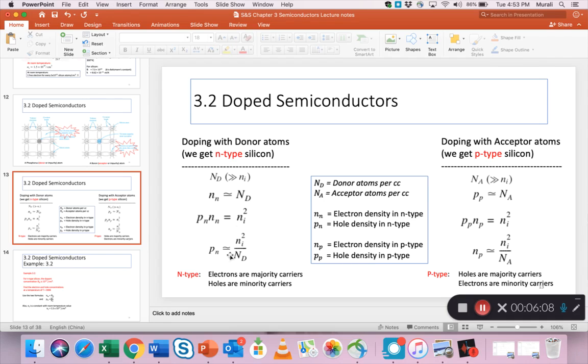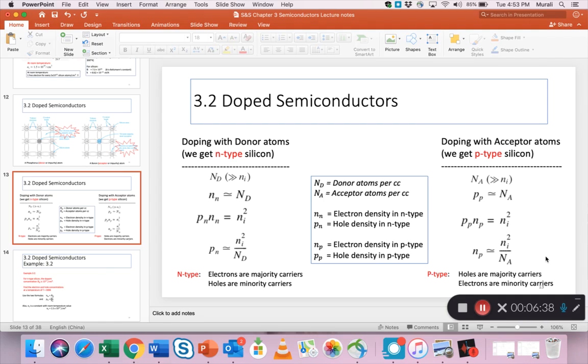To do that, you have to use the formula on the bottom, which is Pn equals Ni square by Nd on the left side, and on the right side, where the electrons are the minority carrier, the electron density is also Ni square by Na, that means the acceptor doping density.